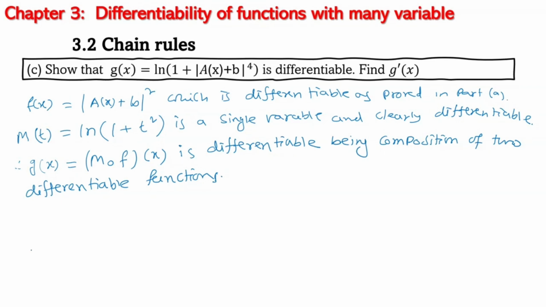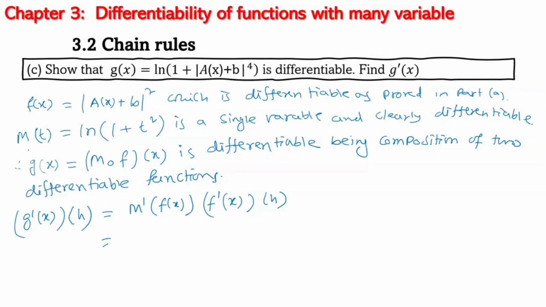Now what is the differentiation? g dash x on h, where h is from Rn, is equal to m dash f of x times f dash x on h.